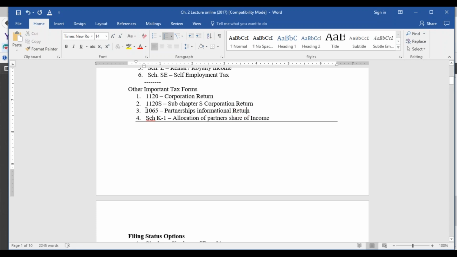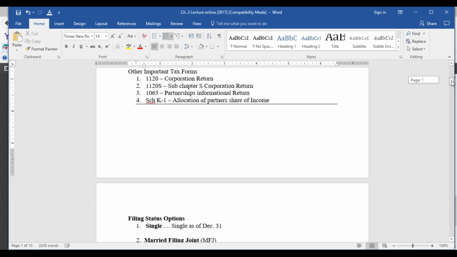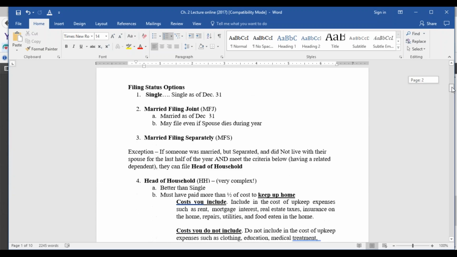A Schedule K-1 is then taking the 1065 information and showing how much income needs to go to each partner. Because partnerships are considered flow-through entities, the partnership isn't taxed; the income is distributed to the partners based on what percentage they own of the business.